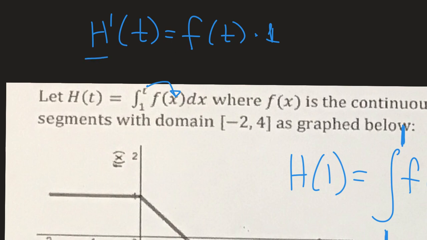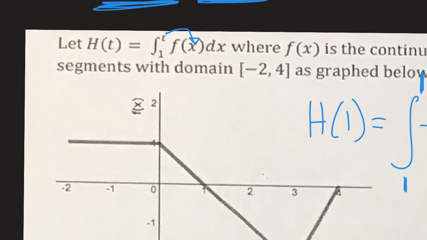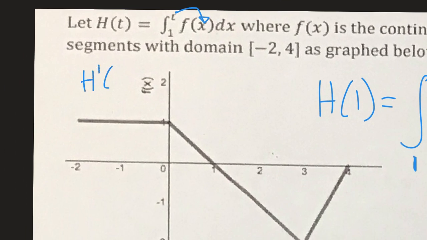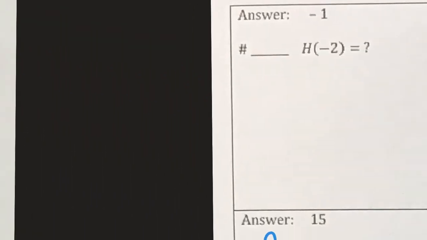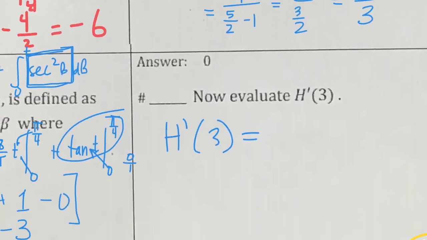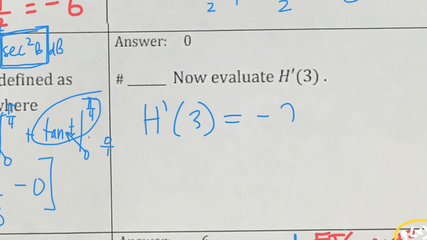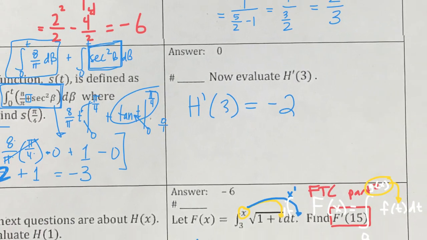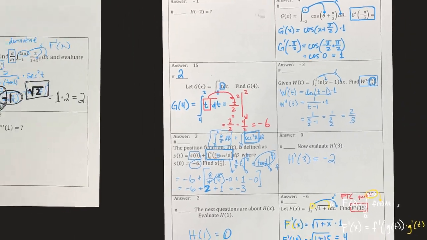The rate of change of your area is equal to the y value from your graph. So if we're trying to find h prime at 3, we're looking for the y value when x is 3, and that y value happens to be negative 2. Negative 2 times 1. So h prime at 3 is negative 2, the y value there. Where does that take us?